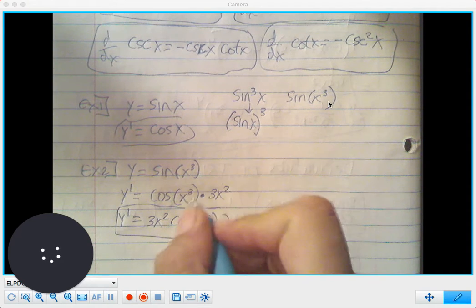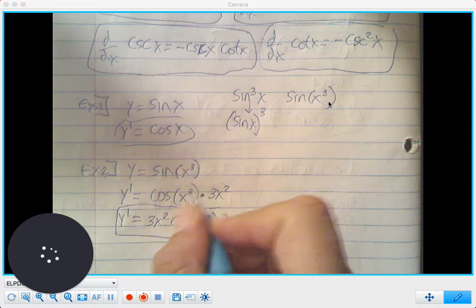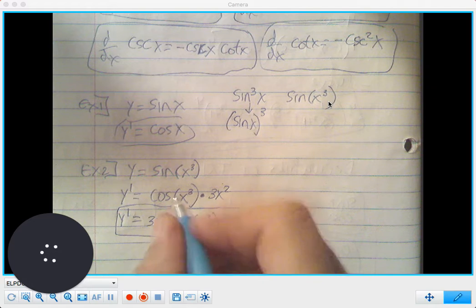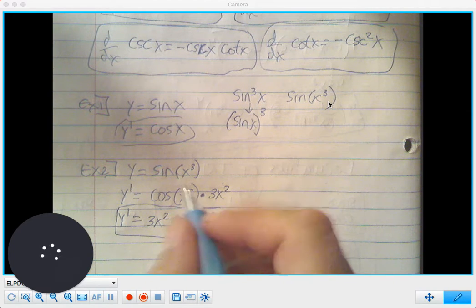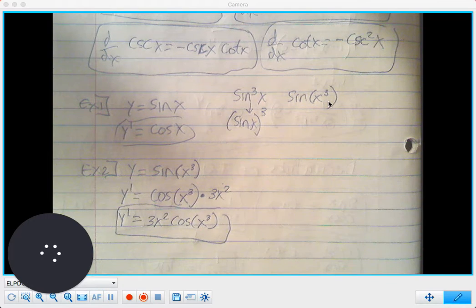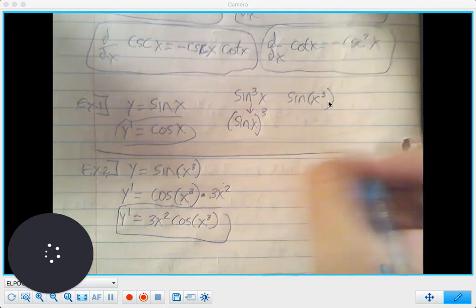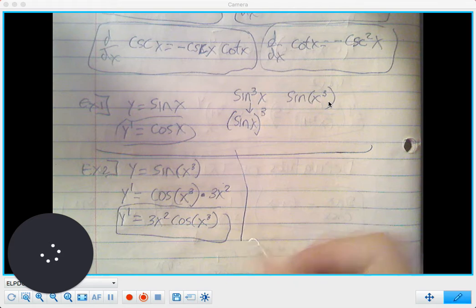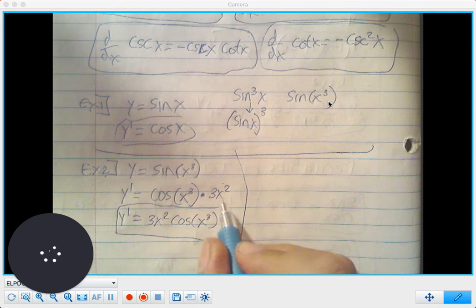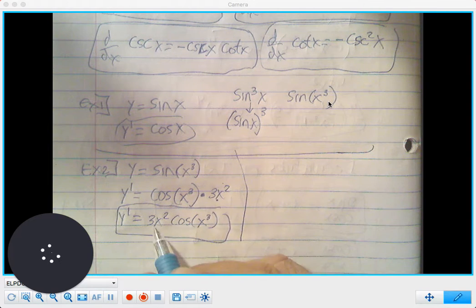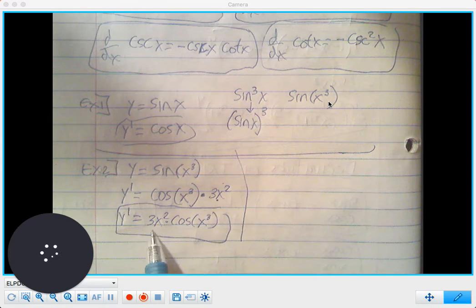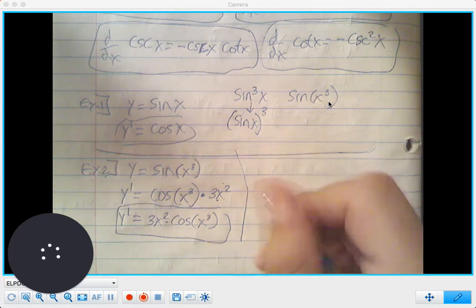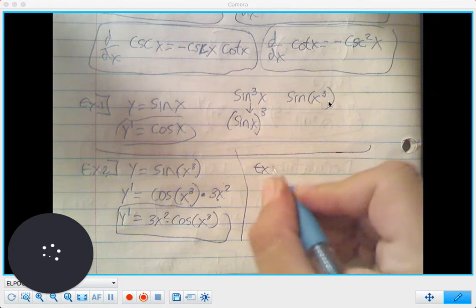Now, if you have something else there, an exponent, a number in front of the letter, anything like that, you need to take the derivative of the inside. Once you take the derivative of the inside, you bring it to the front. You know this is a multiplication, right? So you bring it to the front because it looks cool. That's it.